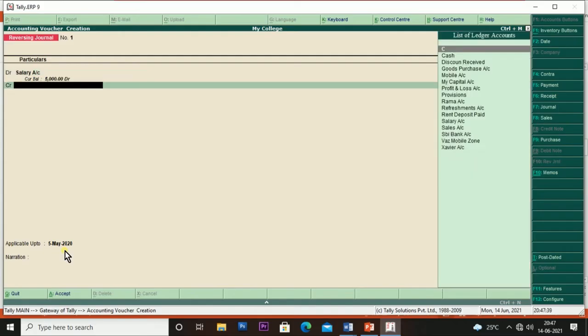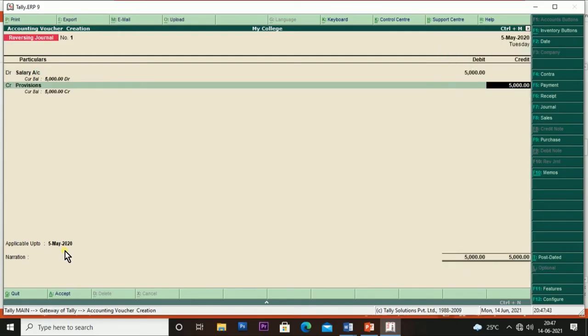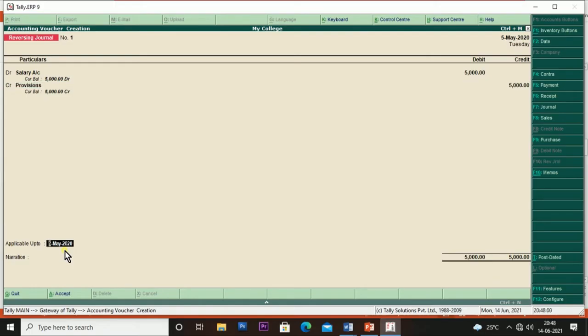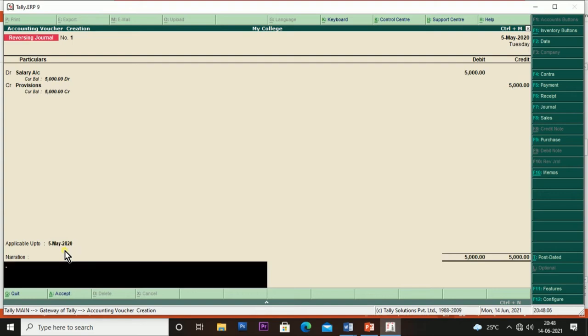Credit to provisions, 5,000 rupees. Okay, just for the adjustment. Maybe I want to take the salary in the May month on 5th date. Okay, just for the transaction purpose. For that purpose, we can take reverse journal. Then applicable up to 5th May. Okay, then enter.